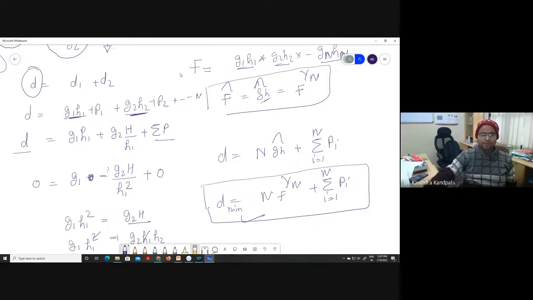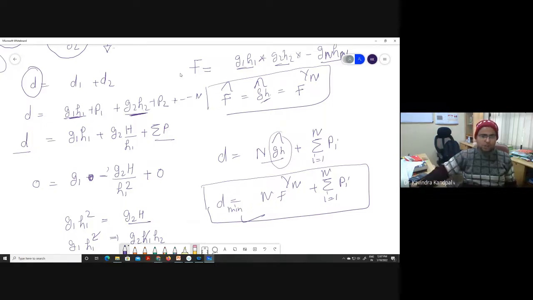Very simple, no? If you have G1 H1 and G2 H2 here, 2 times, so this is 2 times G1 H1. But since G1 H1, G2 H2 all are the same, equal to GH cap, I can say n times GH cap. In other words, GH cap is nothing but F to the power 1 by n. So I have a relation that delay will be minimum if all the GH are the same throughout the chain.